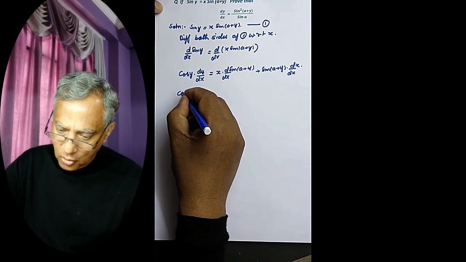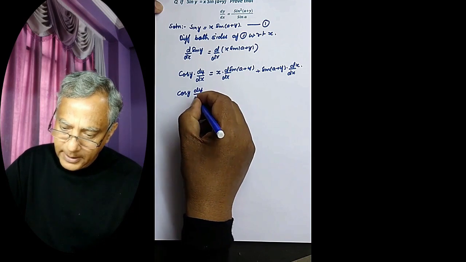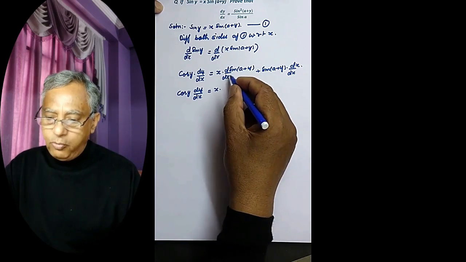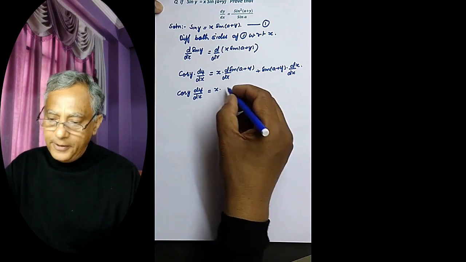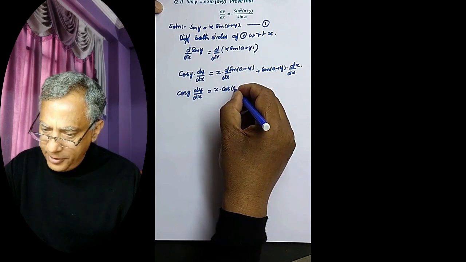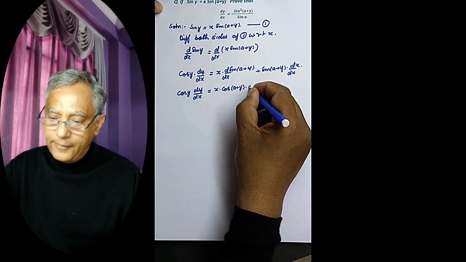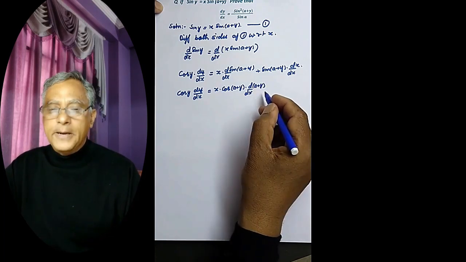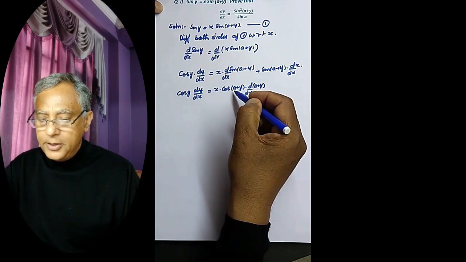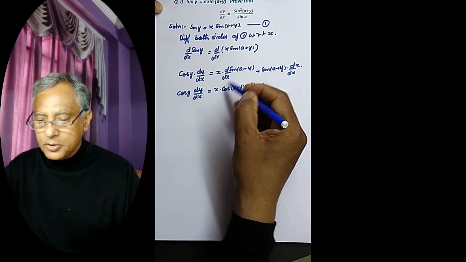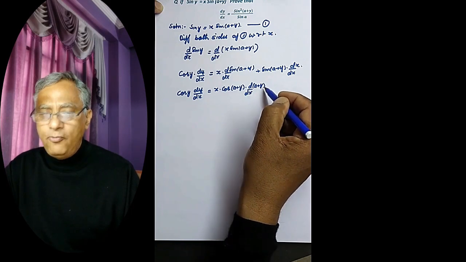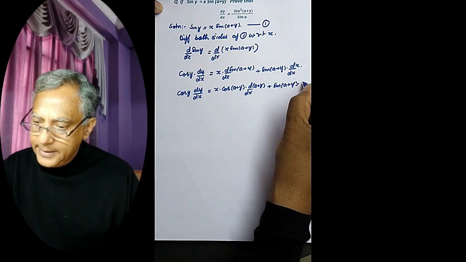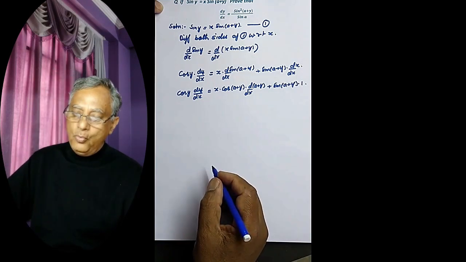So this will be cos y into dy by dx is equal to x into, differentiation of sin(a plus y), which will be cos(a plus y) into differentiation of the inner function, that is d by dx of (a plus y). The formula for sin x is being used for sin(a plus y), so differentiation of sin x is cos x into d by dx of the inner function, plus sin(a plus y) into d by dx of x, which is 1.